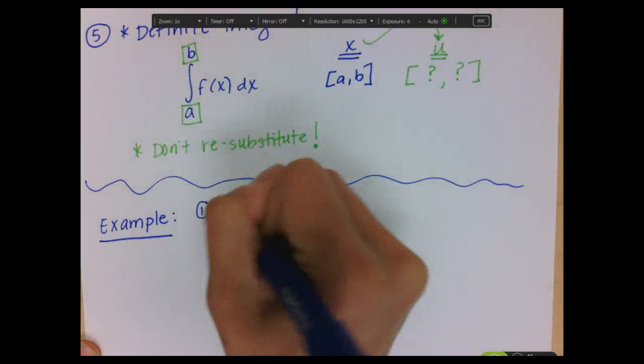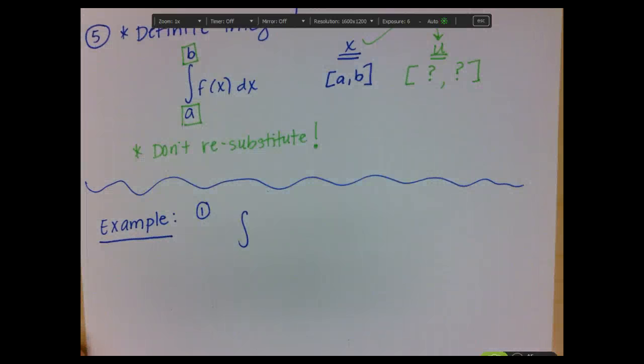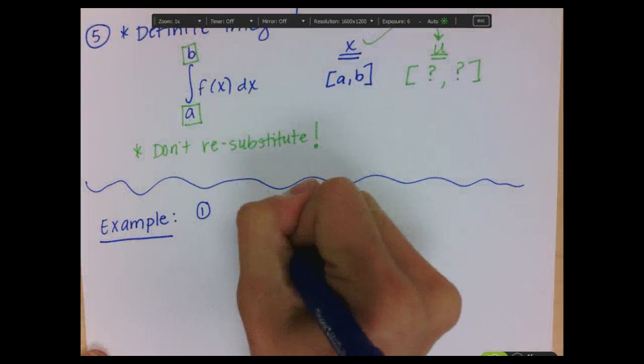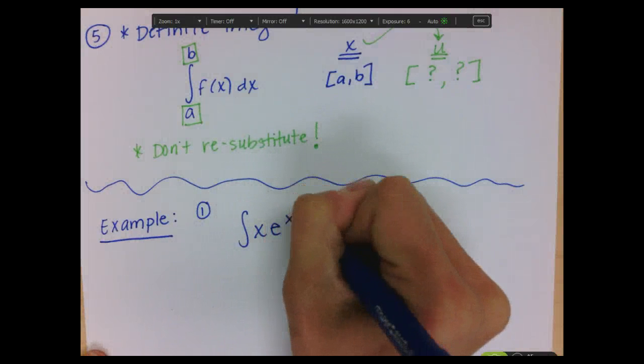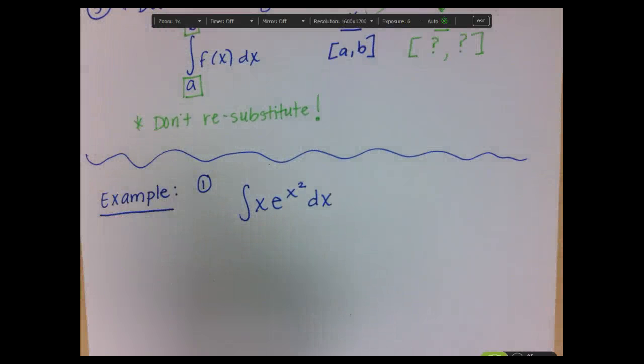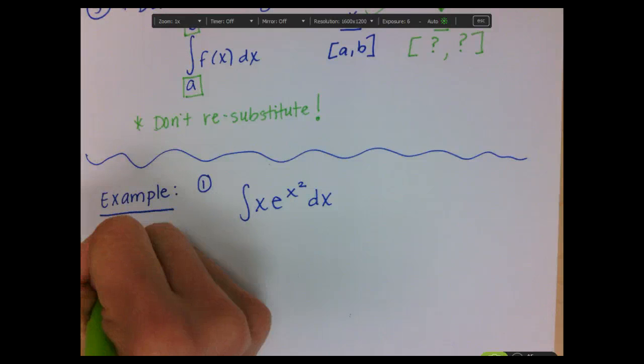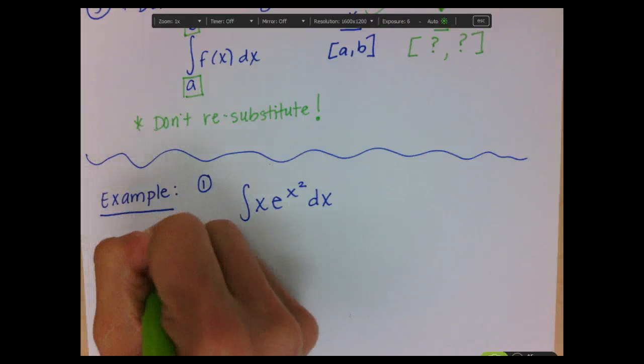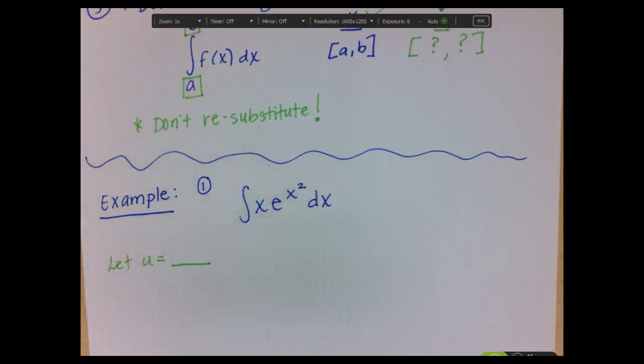So let's say I'm going to integrate x times e to the x squared with respect to x. And again, it's an indefinite integral. So the first thing that we want to do is select u. So let's let u equal some part of this composition of functions.